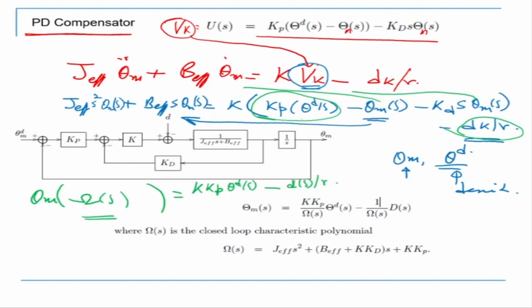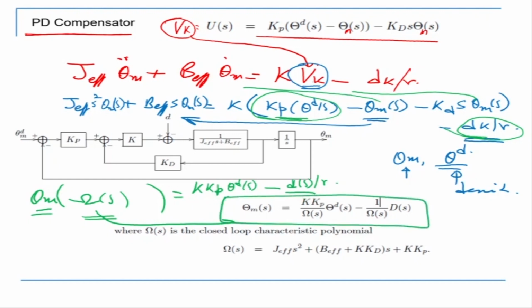I took all the theta m s on the left hand side, so on the right hand side we are only left with theta d s and the other term dk, the dynamic torque by r. When I take theta m s common, this omega s will come in the denominator. So theta m s is equal to K KP by omega s into theta d s, minus 1 by omega s into dk, and there is an r there.